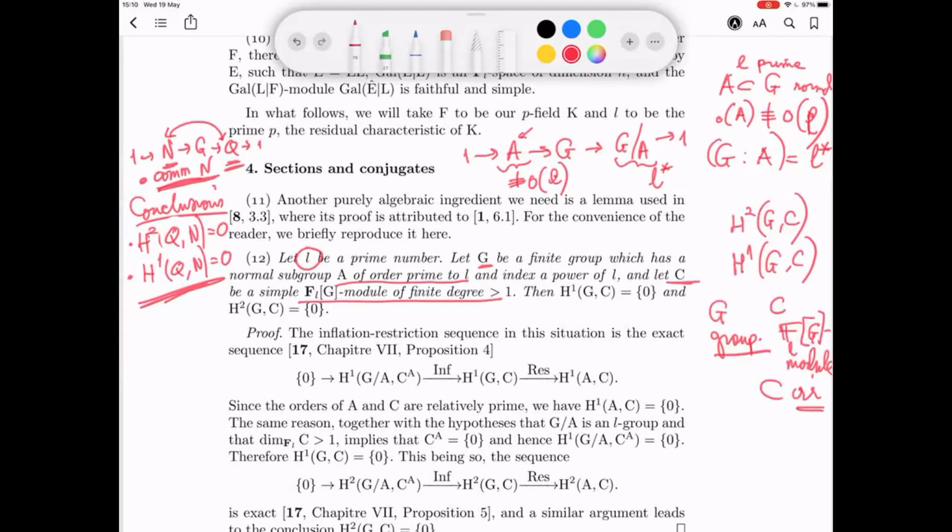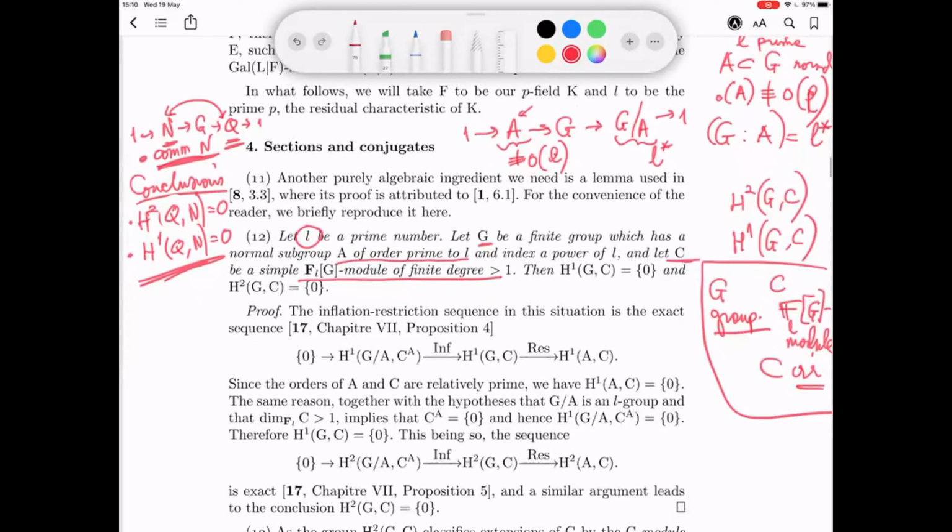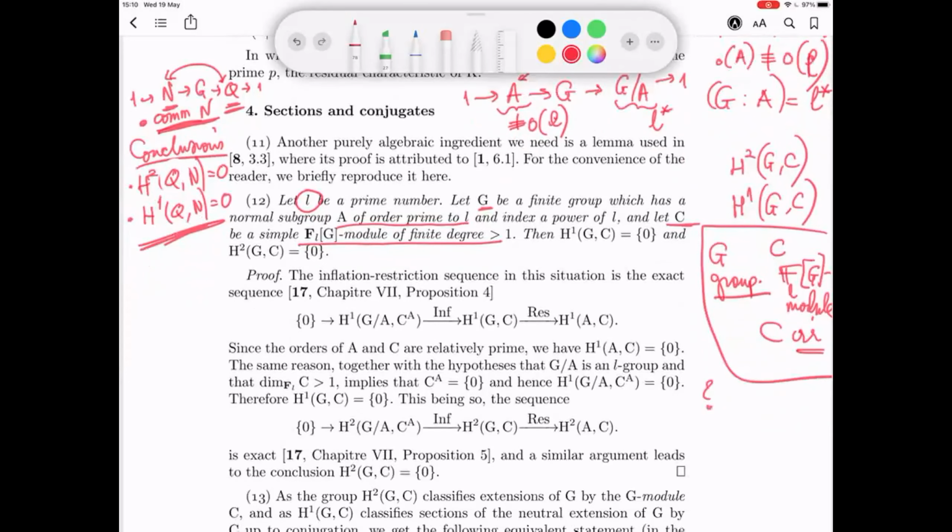Irreducible is the same as simple. This is what is given to me. And my question is, when can I conclude that H1 and H2 of G, C are both trivial? That is the question. When is this going to happen?